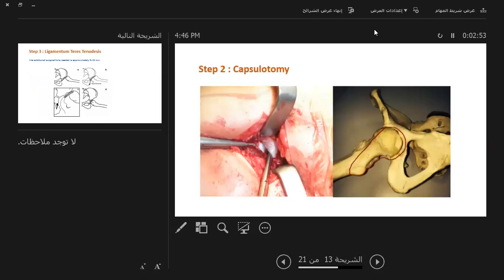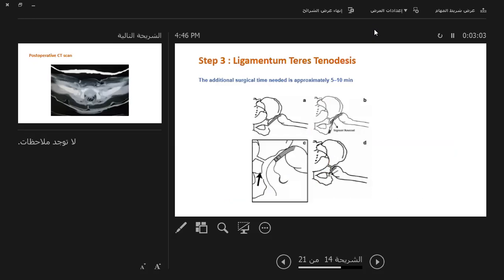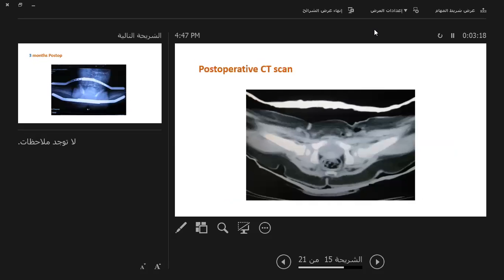Then we proceed to the capsulotomy and remove all the intracapsular obstacles to reduction, like the pulvinar and the transverse acetabular ligament. The third step is the ligamentum teres tenodesis, which is detachment of the ligamentum teres from the acetabular end, shortening, and reattachment to the inferior medial part of the acetabular rim.